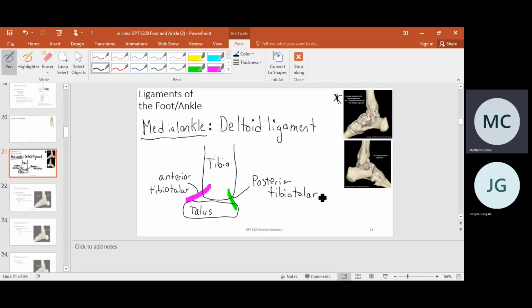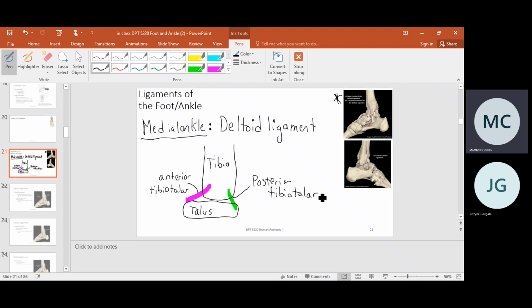So before we add in any more ligaments, let's start to think about what motions the anterior tibio-talar and the posterior tibio-talar would prevent. Okay, so we know that they're going to prevent motion or excessive motion between my tibia and my talus. Cool, awesome.